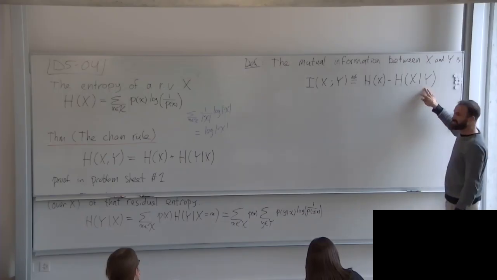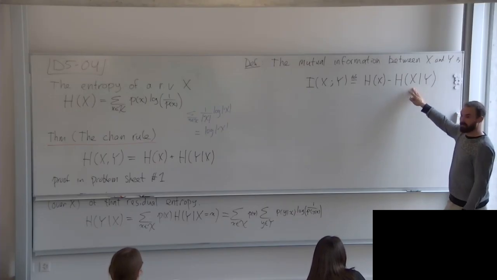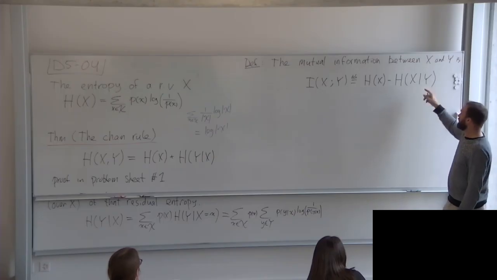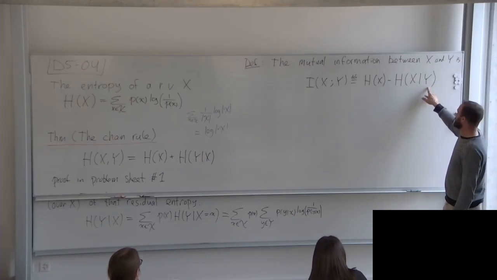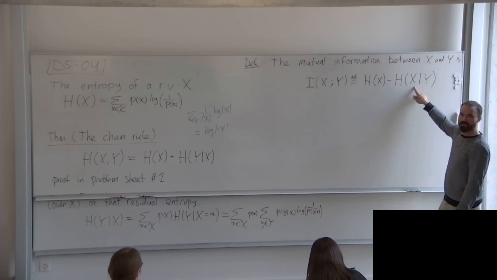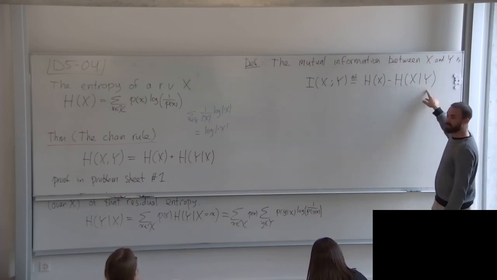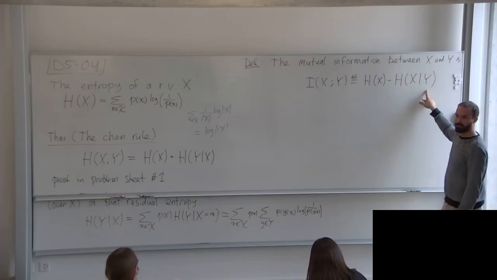Whereas if y doesn't tell you anything about x, say y is the weather in 3 days from now, and x is the price of ice cream in Kentucky, then they're independent, so you expect that the entropy of x given y is the same as the entropy of x, because y is useless to help you predict what x is. And so you have H of x minus H of x, you will get 0.